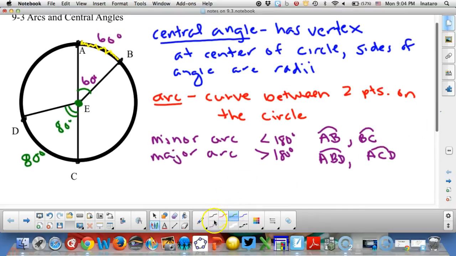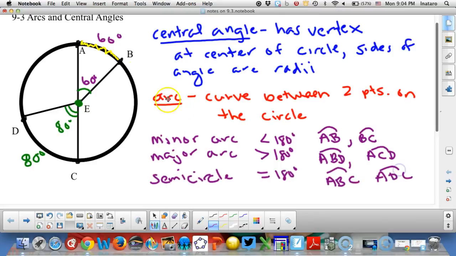And we have semicircles. We want to make sure that we use 3 letters to name semicircles. Semicircles are equal to 180 degrees. So you might say, well, why do we have to use 3 letters to name a semicircle? Well, notice here, semicircle ABC and ADC are different.